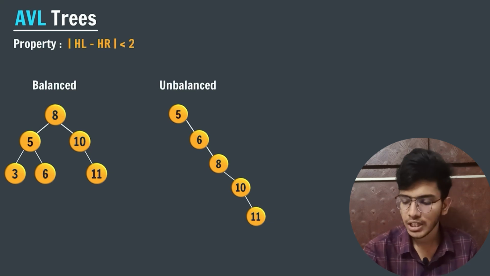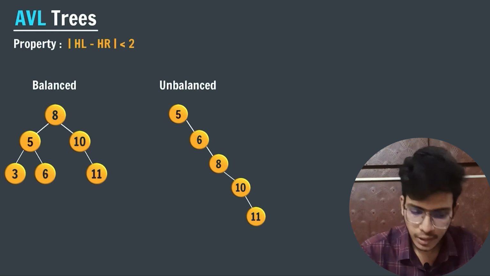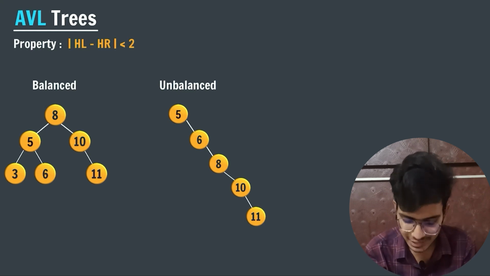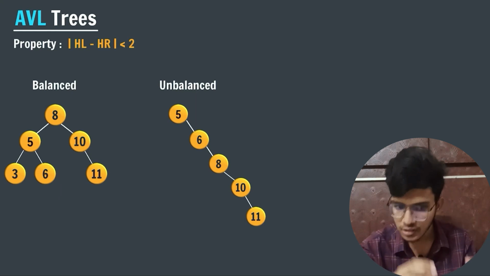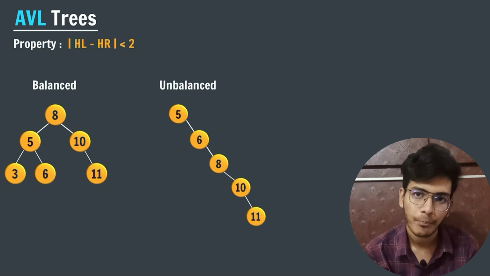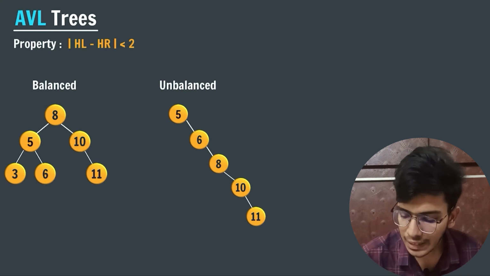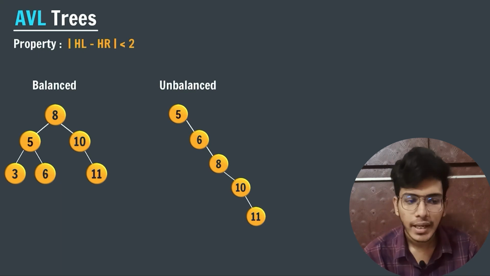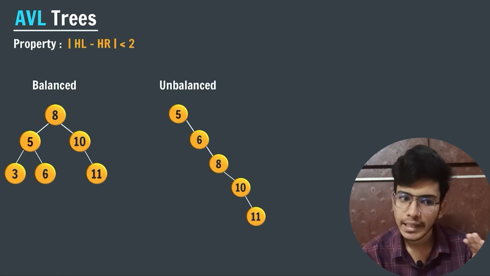In an AVL tree, or in general a balanced BST, how can we tell whether the given binary search tree is a balanced one or not? We can tell based on a property of the AVL tree.